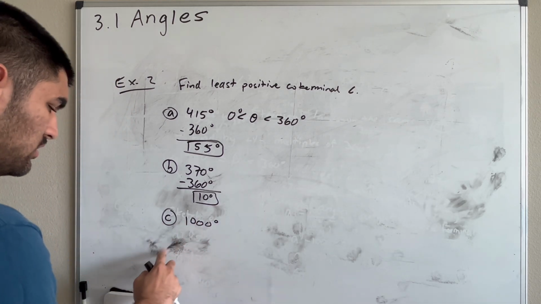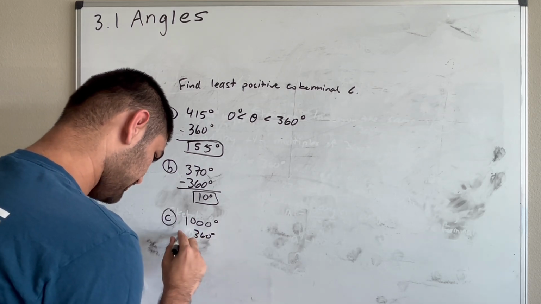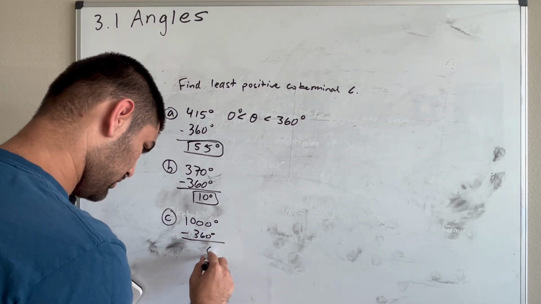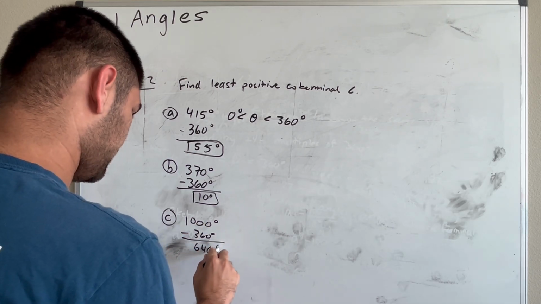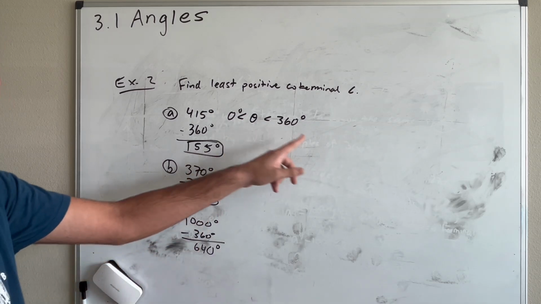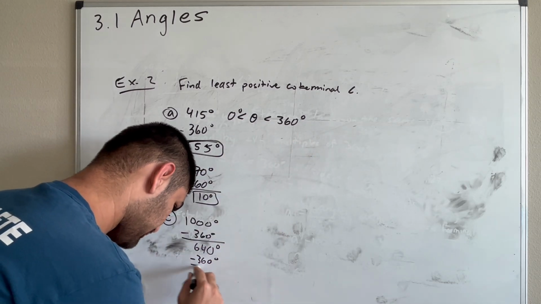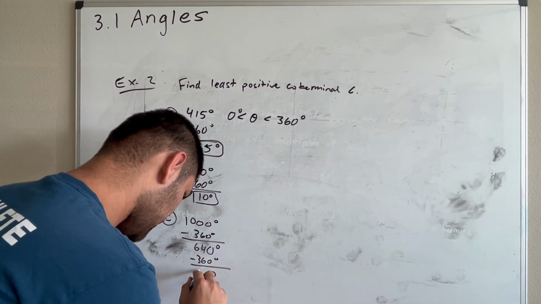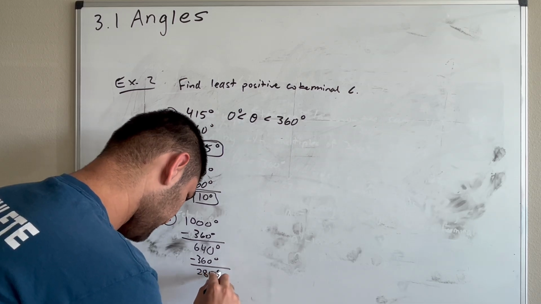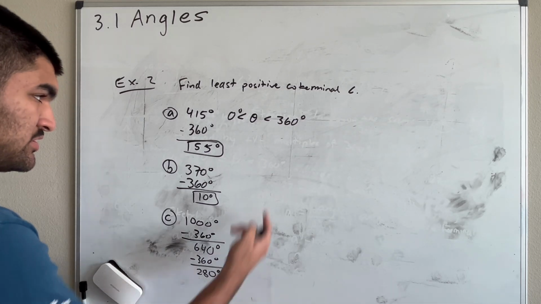For this one, if we subtract 360 one time, we have 640 degrees, but that's still outside of this range, so you have to do it one more time. And you get 64 minus 36 is 28. Now this is in our range, so this works.